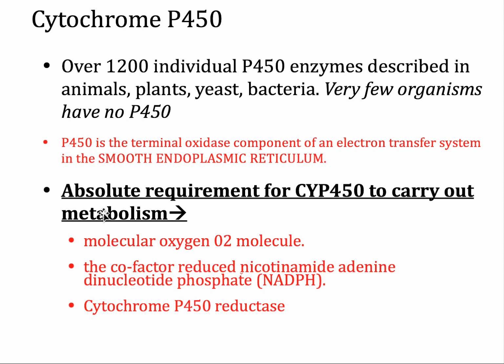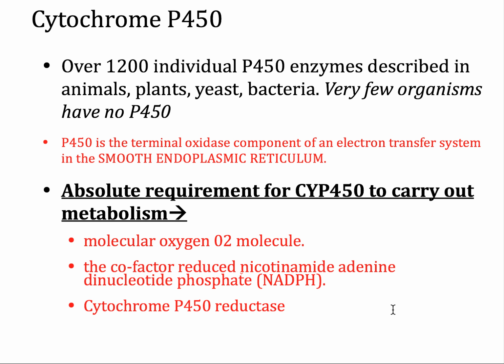Usually, because cytochrome P450 is involved in oxidation reactions, you want molecular oxygen as a requirement or a cofactor. You also want NADPH, and we'll go into a bit more detail of how that works. And cytochrome P450 reductase. So whenever these reactions take place, you always want these 3 factors involved.